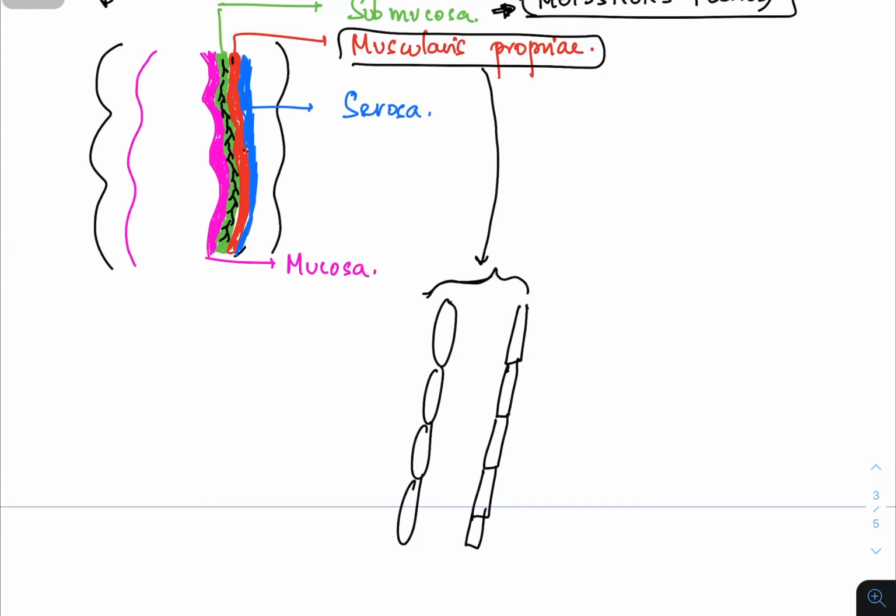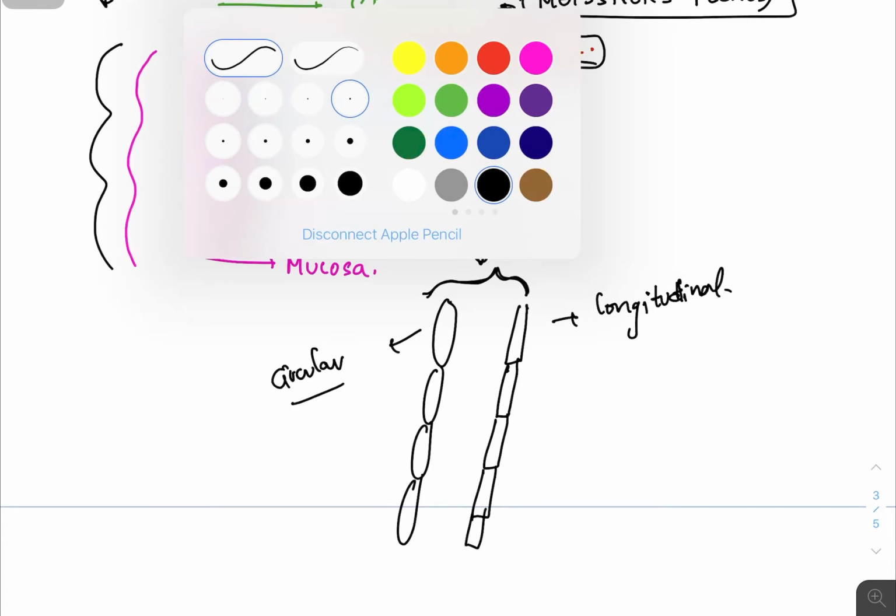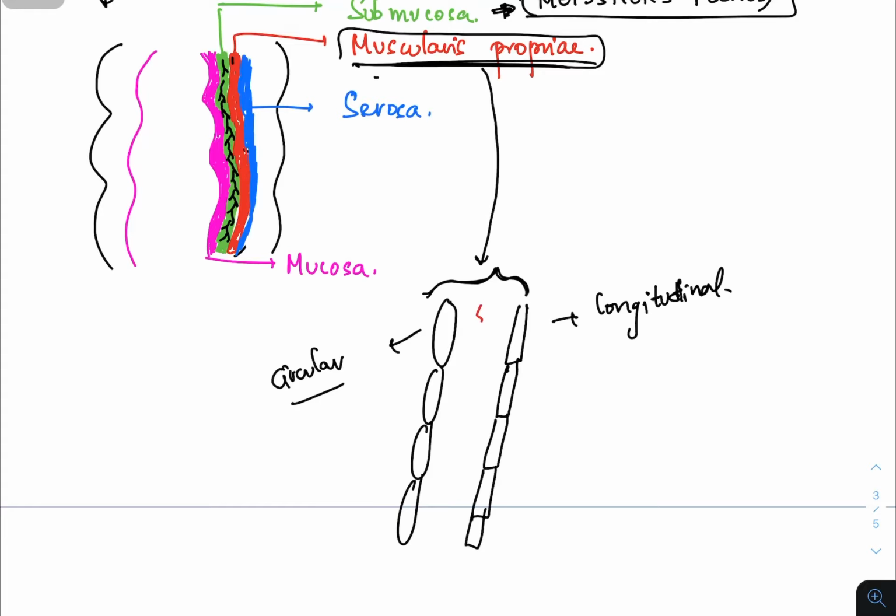So these two layers of muscle together you call muscularis propria, where the inner layer is circular and the outer layer is longitudinal, right? In between both of them, you have another nerve plexus which is very tough and very powerful, because it has to activate the circular and longitudinal muscles.